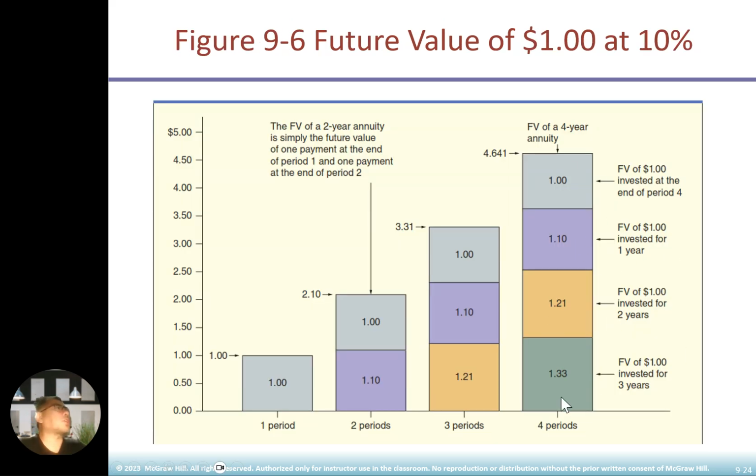This is the logic here. You get 1.33, 1.21, 1.1 for the future value in period 4. Remember, here this is the beginning period, $1, $1.10, $1.10, and 1.21, 1.21, and 1.33. You add it up.